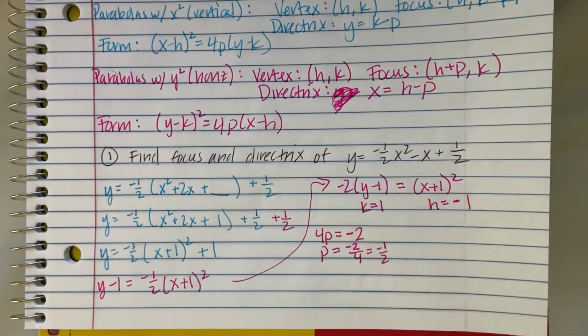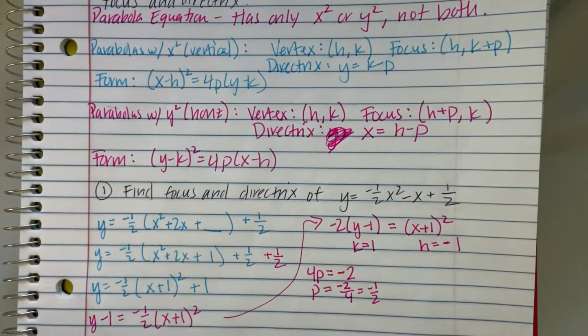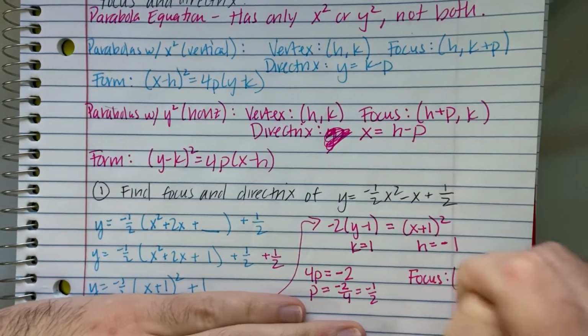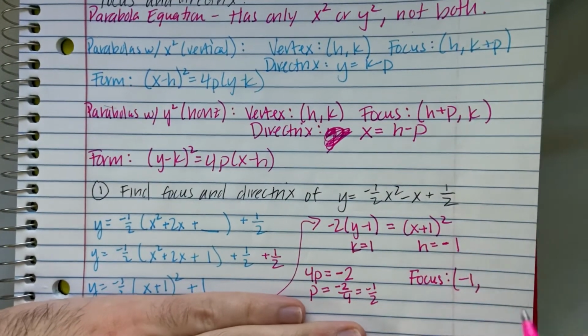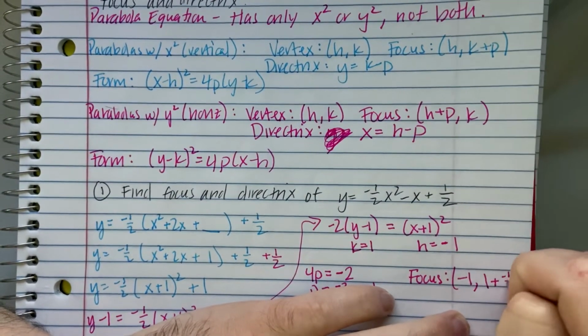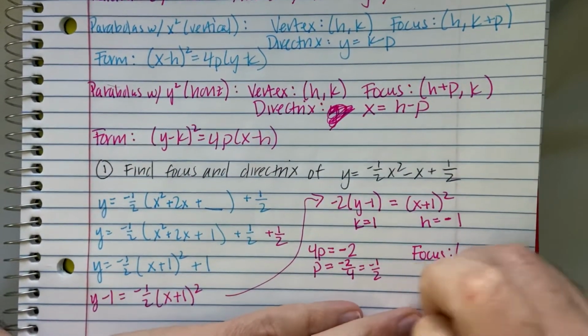How do I convert that into my equation? We use this stuff here. The focus is h, comma, k plus p. So h is negative 1, k plus p is 1 plus negative 1/2. Well, 1 minus 1/2 is just 1/2.